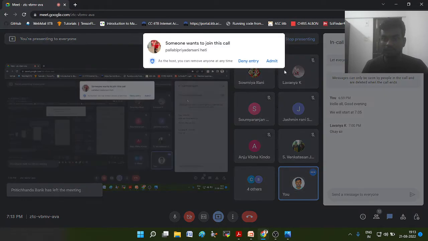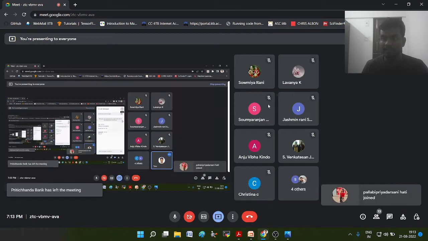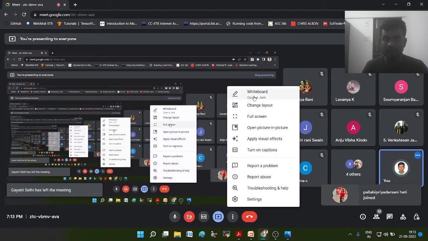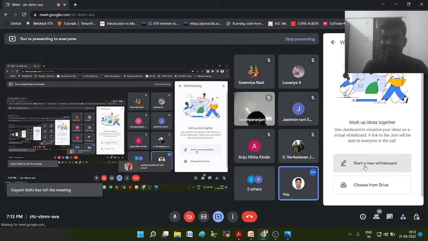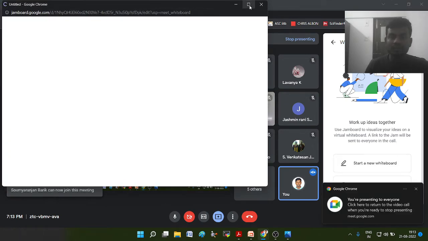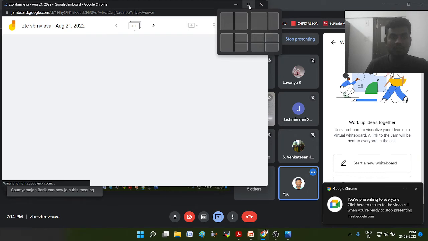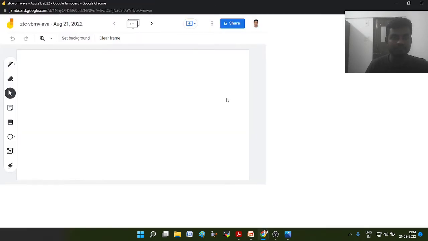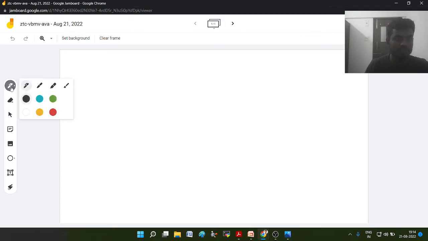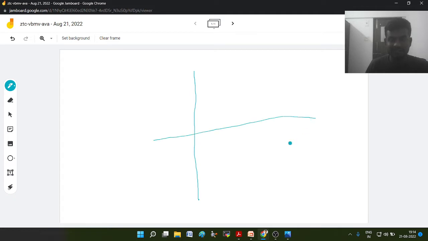So what I will do, just a second, let me take the Jamboard whiteboard. There you go. So we'll talk about positive and negative rho values. It's a very simple situation, I hope. So I have the y-axis here, and then the x-axis, and this is sigma, and this is rho, right?